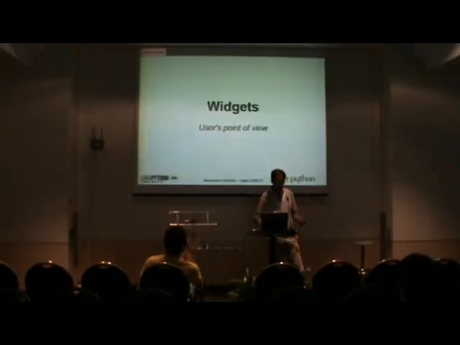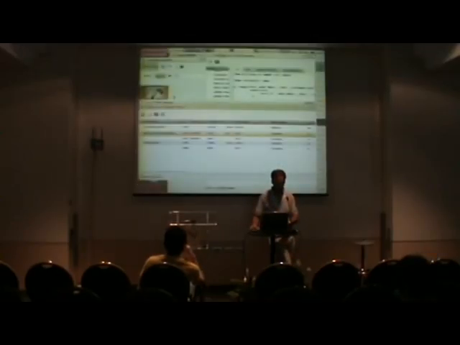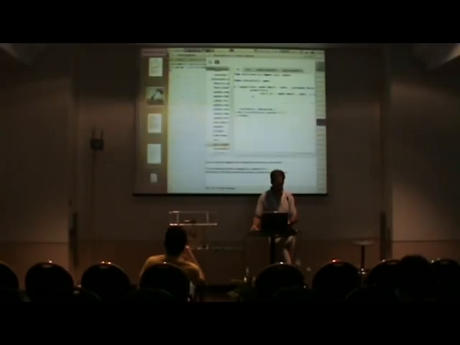Now, from the user point of view, let's say completion is one of the things that makes it very useful. A completion is just a way you can avoid to write something when the database already has that kind of information. So let us go back here, for example.